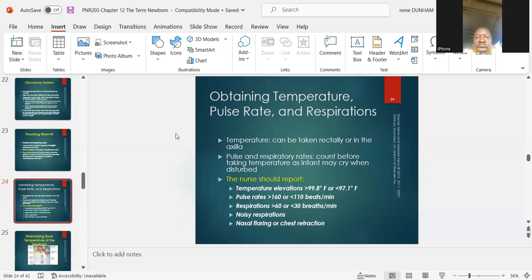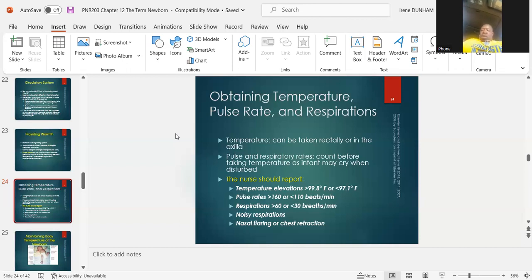If you know the normal signs of an infant, you'll be fine. So if you have a temperature elevation of greater than 99.8 or less than 97 because that baby's cold, you've got to report it. If you have a pulse rate of greater than 160, okay, that's tachycardia. That's not good. Lower than 110 would be bradycardia, and that's not good.